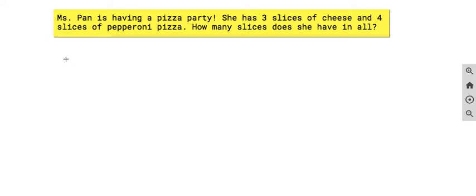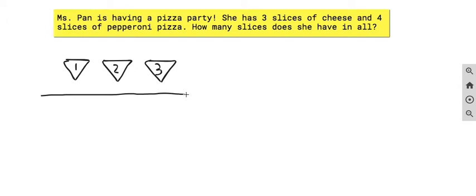One friend told me to start out by making 3 triangles. 1, 2, 3. This friend also labeled 1, 2, 3. One friend told me to divide, to break up the 2 groups with a line.